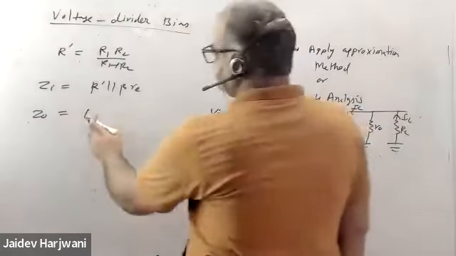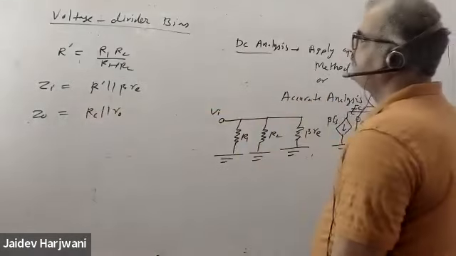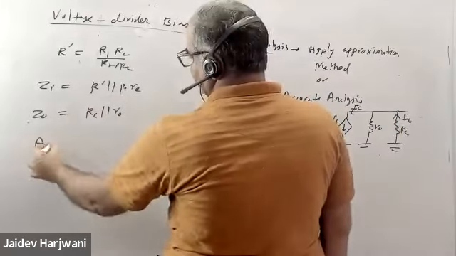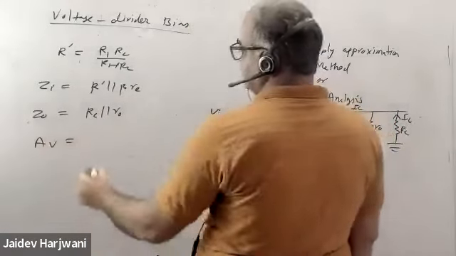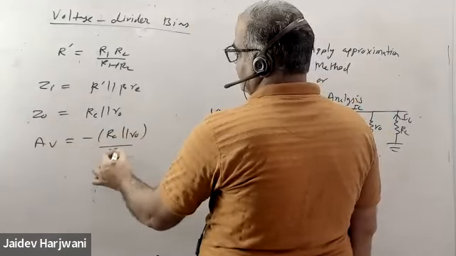Z naught is R naught parallel RC, and obviously the gain will also be the same: minus RC parallel to R naught upon RE.